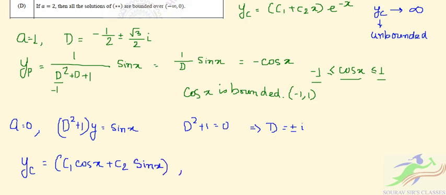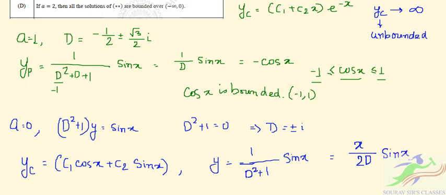And what will be the yp? So yp is 1 by (D squared plus 1) sin x. We can write it in this form if we do the derivative, so it is x by 2D of sin x.